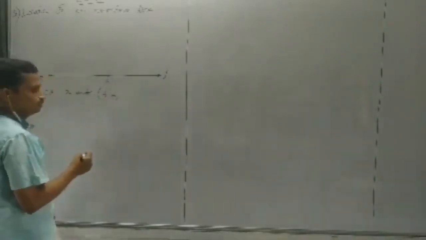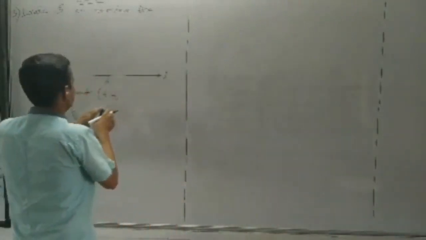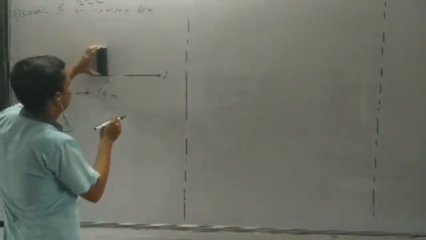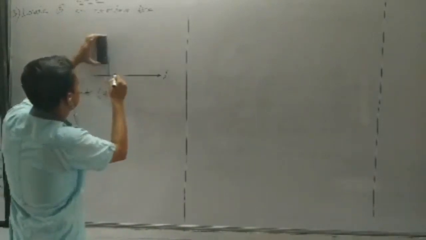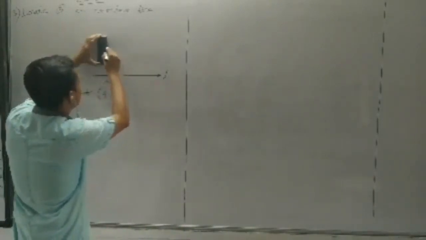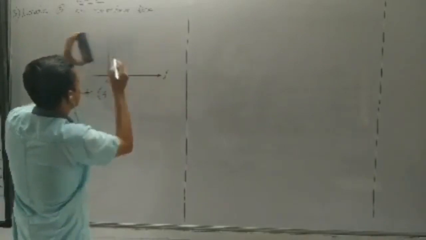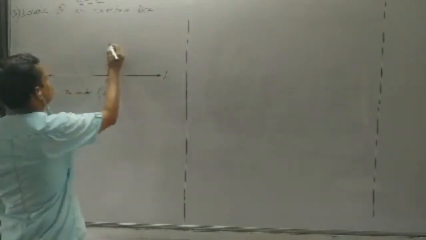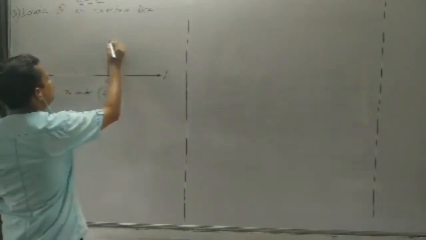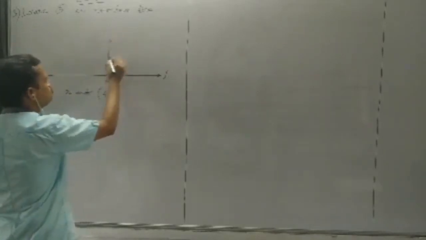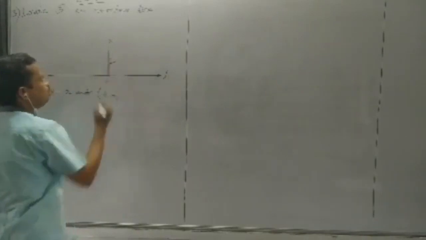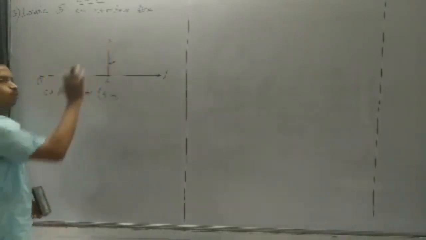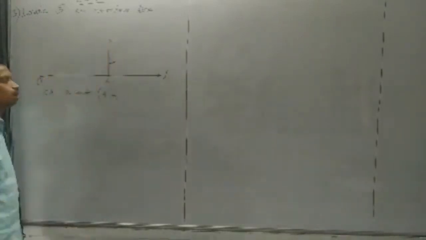And now through A draw a perpendicular, and just mark it as B. This is 1 unit. Always here 1 unit only. But here I am taking 2 units.